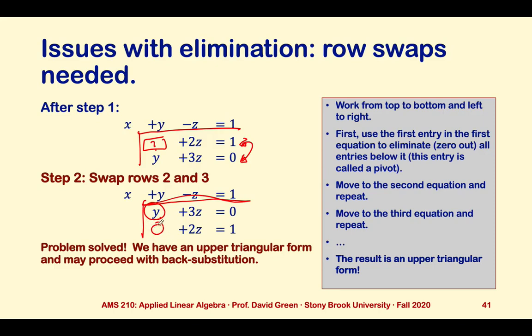We already have a 0 below this pivot in the second equation, so we can shift our attention down and to the left. Down and to the left gives us only one equation. We're finished. We're in our upper triangular form, and we can proceed with back substitution.